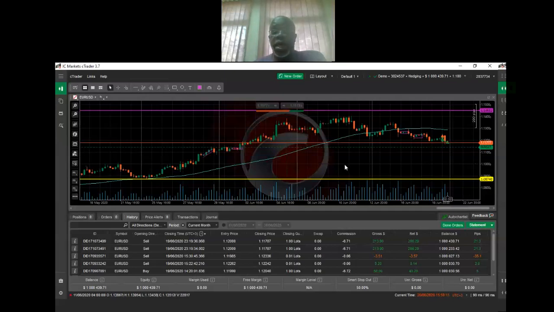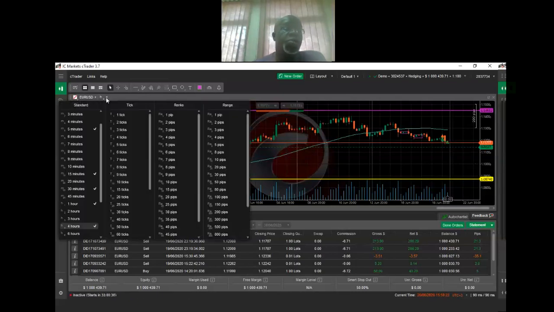In this example, we will look at a big time frame. In this case, I think I have a 4 hour. It could have been daily, but I picked 4 hour for this example. So you go to the 4 hours, yes, 4 hours.